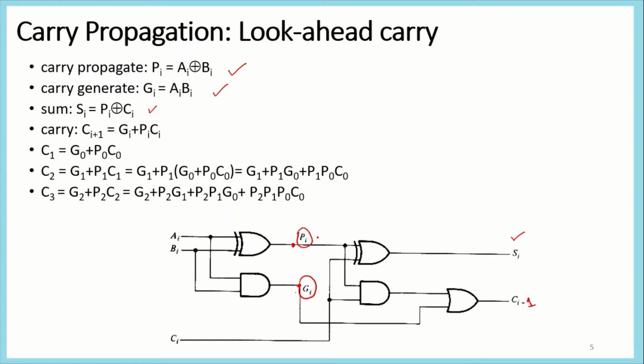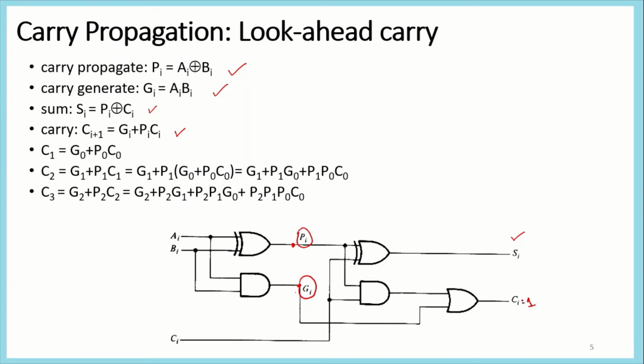Finally, the output of the full adder is represented as Si, which is the exclusive OR of propagation and the carry in from the previous stage. Similarly, the next carry is represented as Ci plus 1, which is Gi plus Pi times Ci. So this is the carry term.